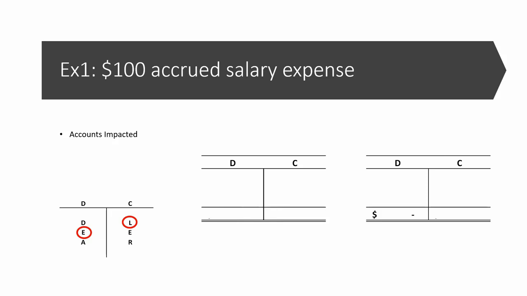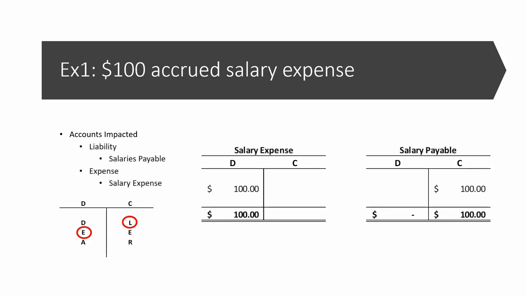Referencing DC Dealer, expense accounts are increased by a debit entry. Conversely, liability accounts are increased by a credit entry. Because of this, we know that we have to debit salary expense by $100 and credit salaries payable by $100.